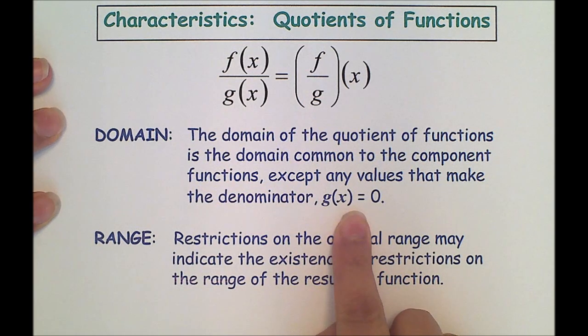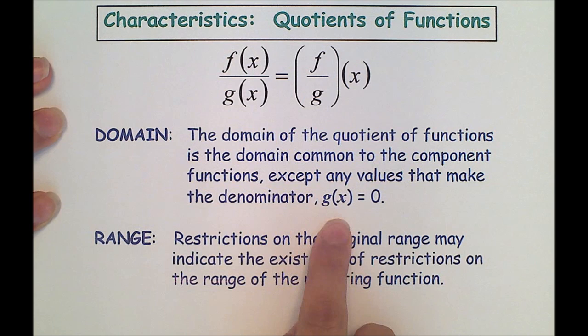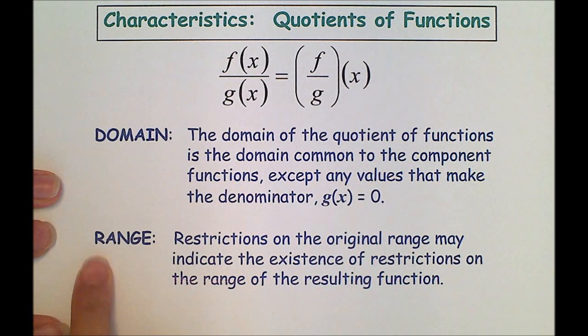Okay, so in addition to wherever the domains overlap, there may also be a restriction based on any values of x that would make the denominator equal to 0. In terms of the range, restrictions on the original range may indicate the existence of restrictions on the range of the resulting function. Again, much like the product, it's sometimes hard to tell what would end up happening to the range of the resulting quotient function.